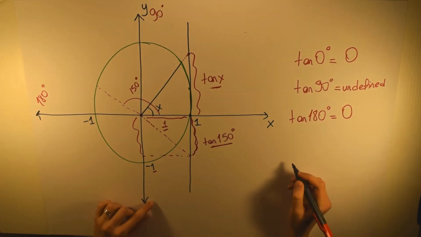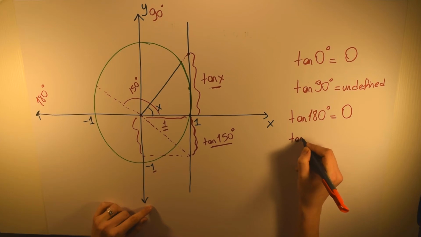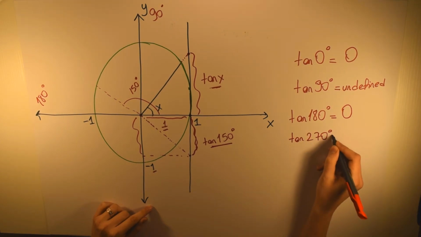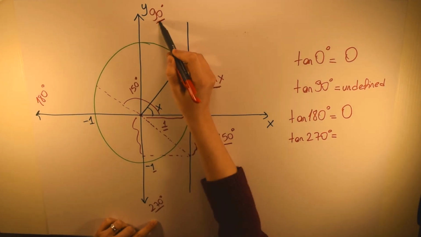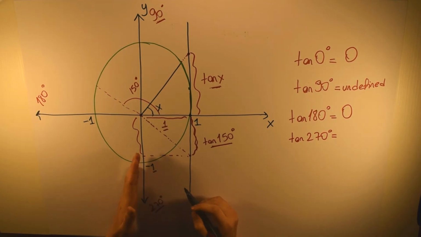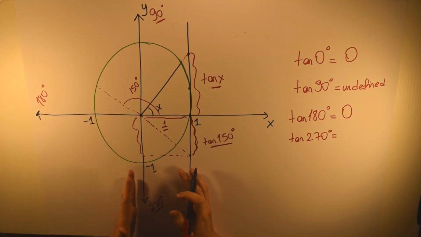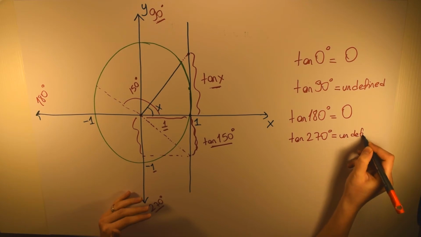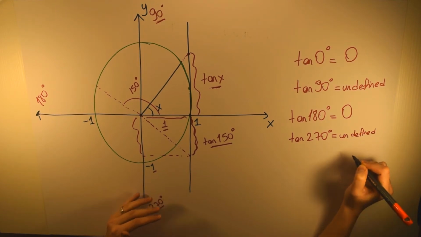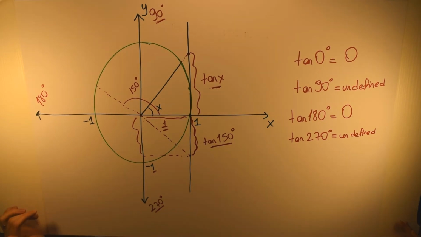When we want to find the value of tangent 270 degrees, it is here. It's the same as 90 degrees: since these lines are parallel and will never intersect, we say that it is undefined. So this is how you find the value of tangent on the unit circle.